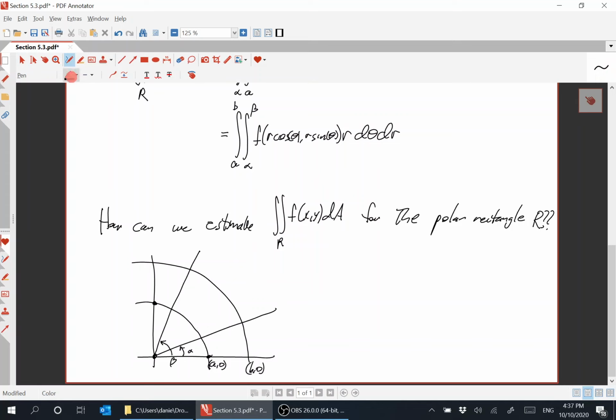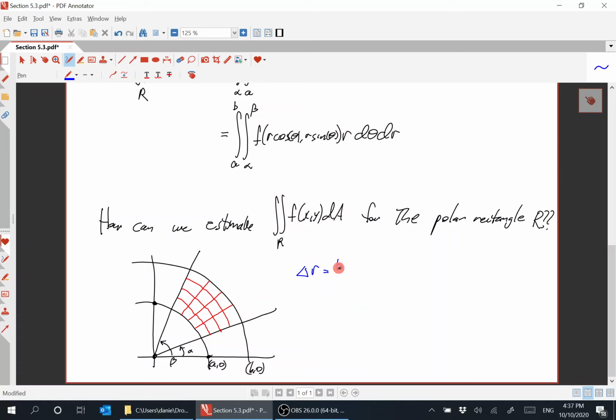So we're going to take R and split R up into subintervals, however many subintervals we might like. You know, we're going to let it go to infinity, of course. And then theta is going to be split up into subintervals as well, like that.